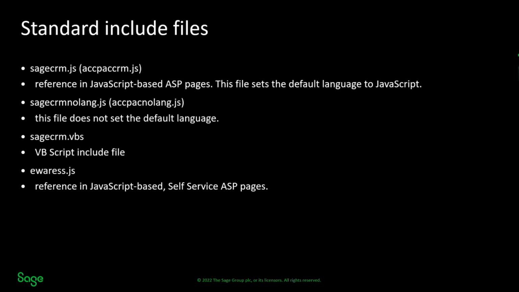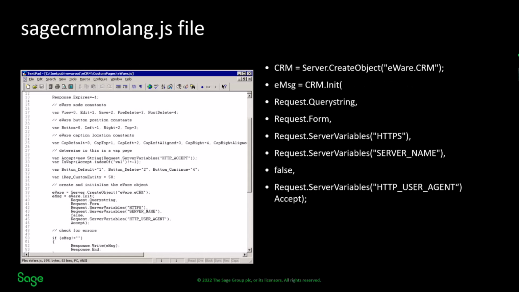These files have the very basic job of declaring the language, but then once the language of JavaScript has been set, Sage CRM.js will call and include the Sage CRM nolang.js file. You can see that it is then declaring the COM object that we're going to be using.